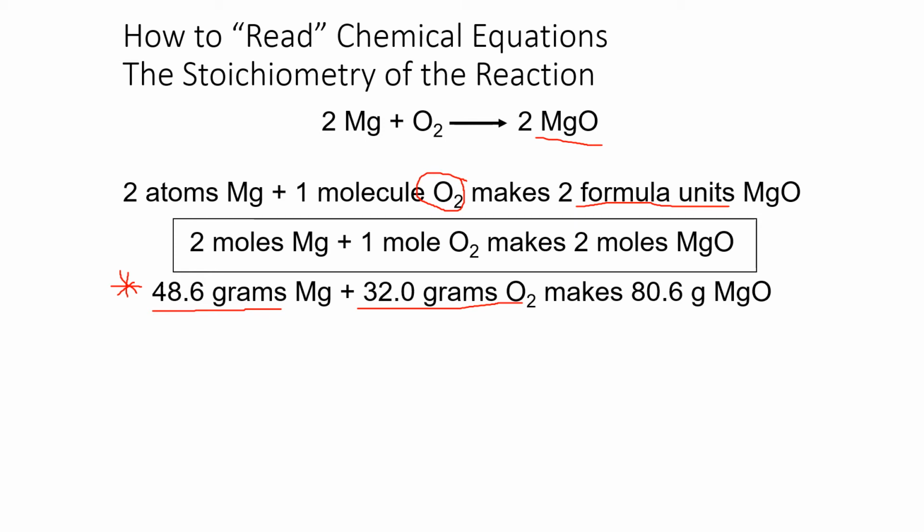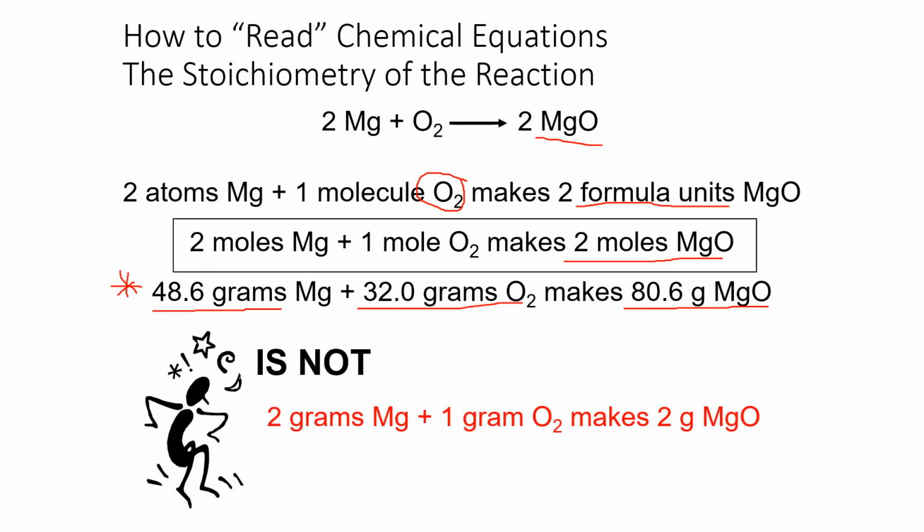And this reaction makes 2 moles of magnesium oxide, so we get 80.6 grams of magnesium oxide. If we were to sum the masses on this side of the equation, they must equal the same mass on the other side, the product side. So this is an example of the law of conservation of mass.